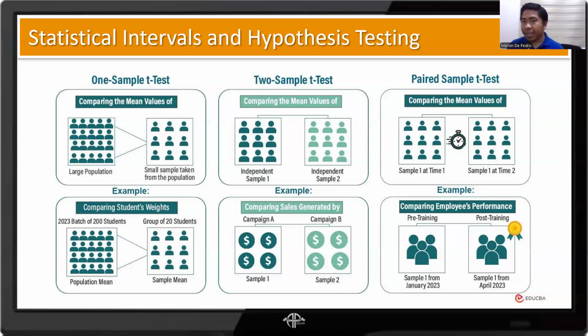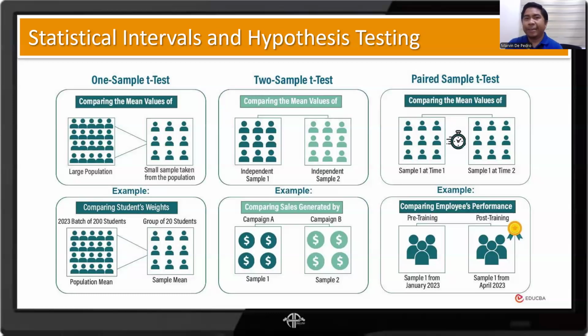After the training, exactly the same respondents will take the same test. Then we compare whether there is a significant difference between their before training and after training results. That's an example of a paired sample t-test. We are comparing two scenarios for the same sample or the same group.